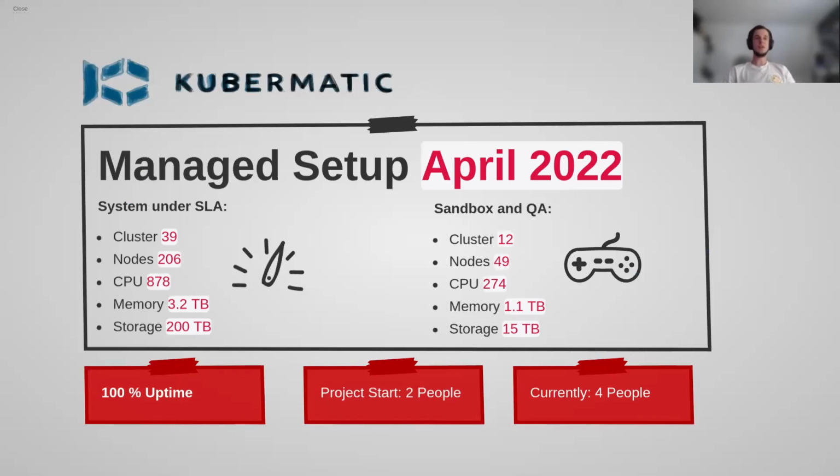We started the project with 2 people, so Tobi and me started it, and we got to development ready with those 2 people, and we got to production ready and production rollout with 3 people, and currently the team consists of 4 people plus a 24/7 managed service team.